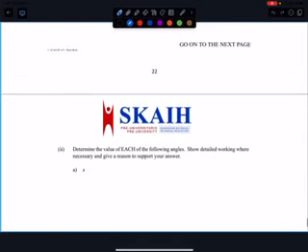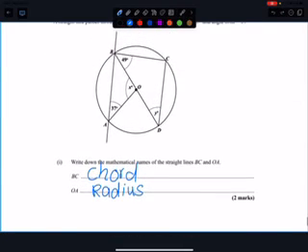Determine the value of each of the following angles. Support your answer. All right. Look at this easiness. If this is a radius, that is the same length, and when this is the same length and that is the same length, I can assume that this triangle is an isosceles triangle.